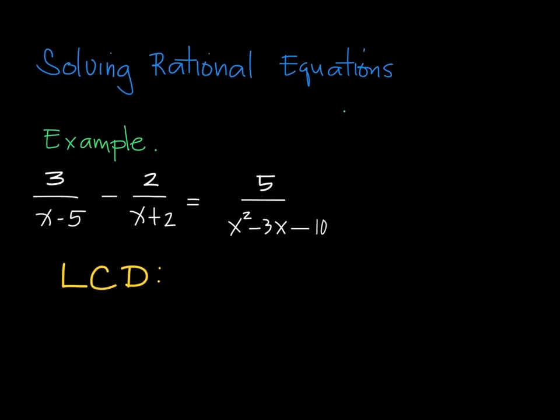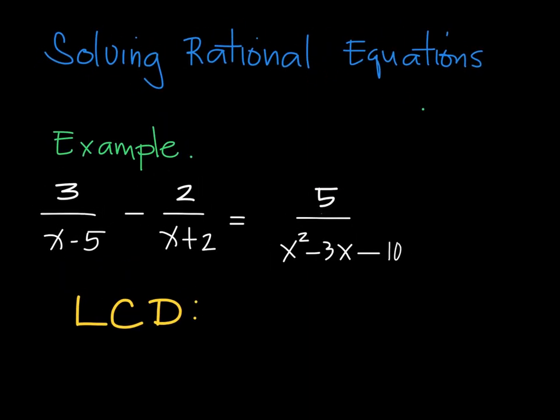If you look at the given rational equation, we have x minus 5, that's unfactorable, and then you have x plus 2, also already in its simplest form. But on the right side, we have x squared minus 3x minus 10. This is a quadratic expression, so there is a chance that you can factor it.